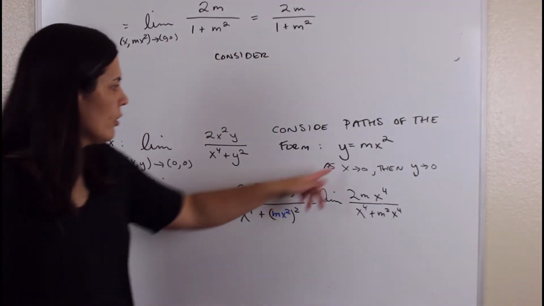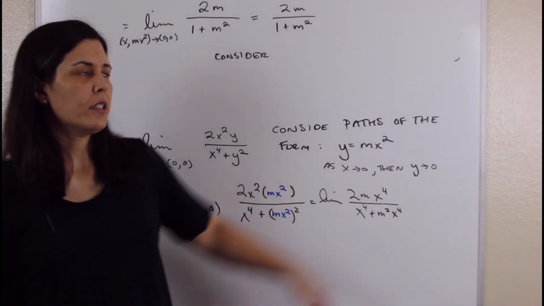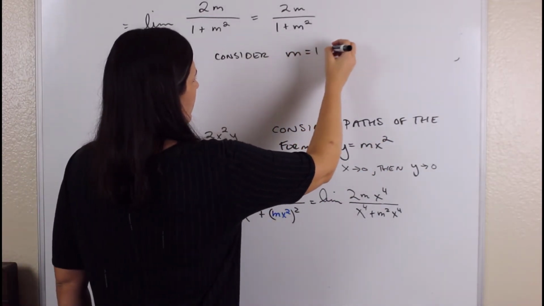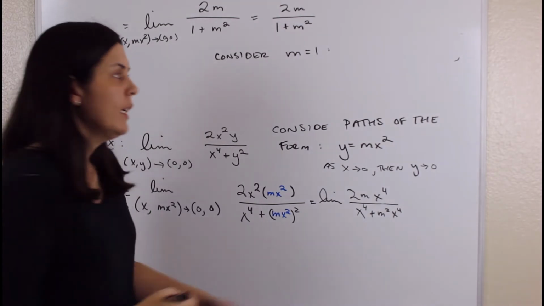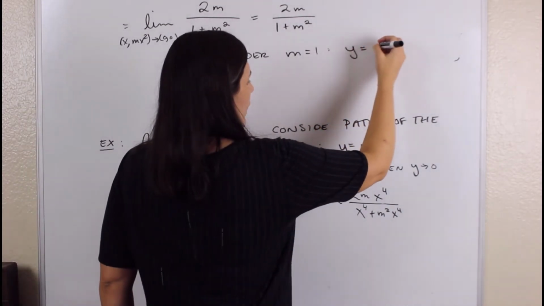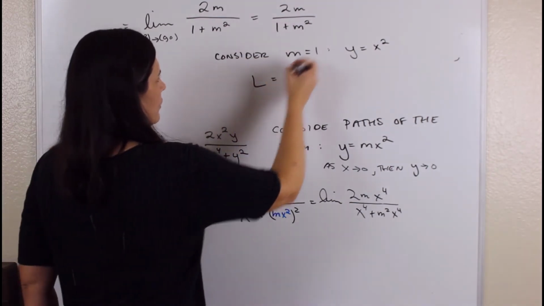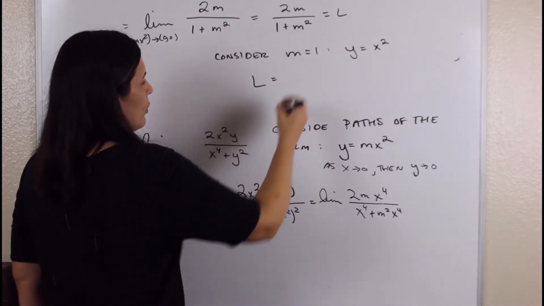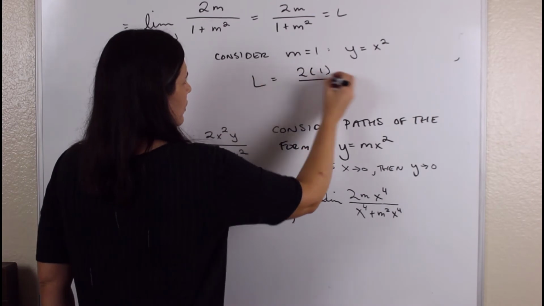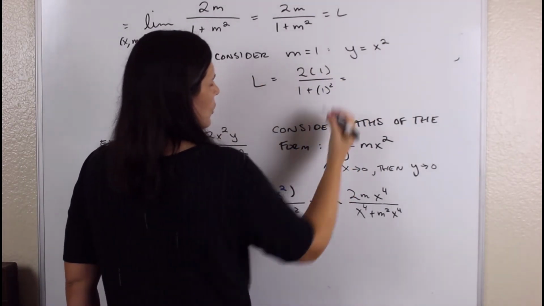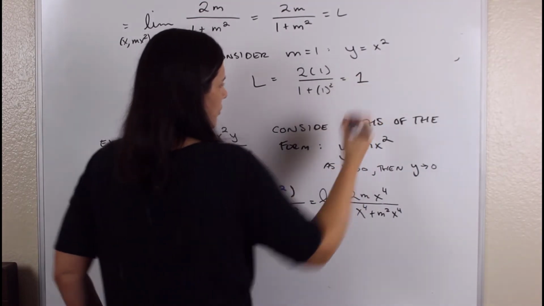Right now I kind of generalized it, any parabolic path like this. So what if I say I want the path when m is 1? So when y equals 1 times x squared. Then my limit L would be 2 times 1 over 1 plus 1 squared. So that's 2 over 2, so that's 1.